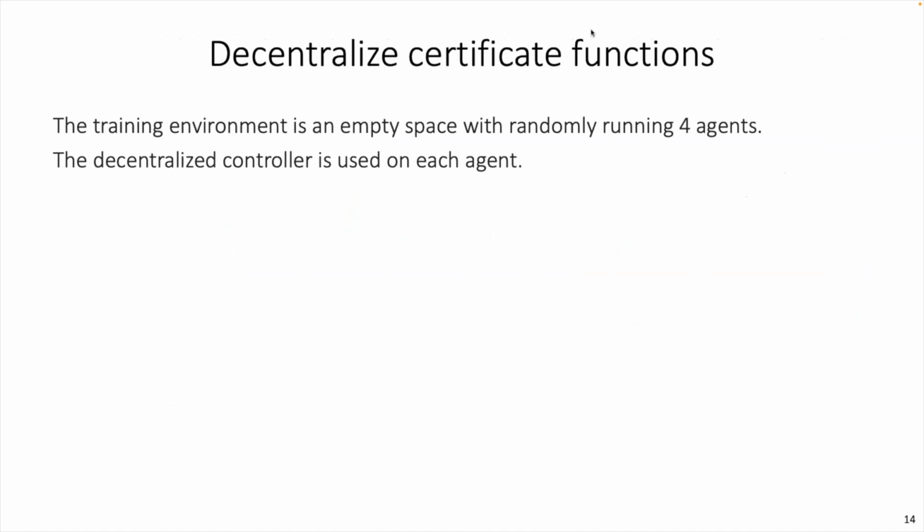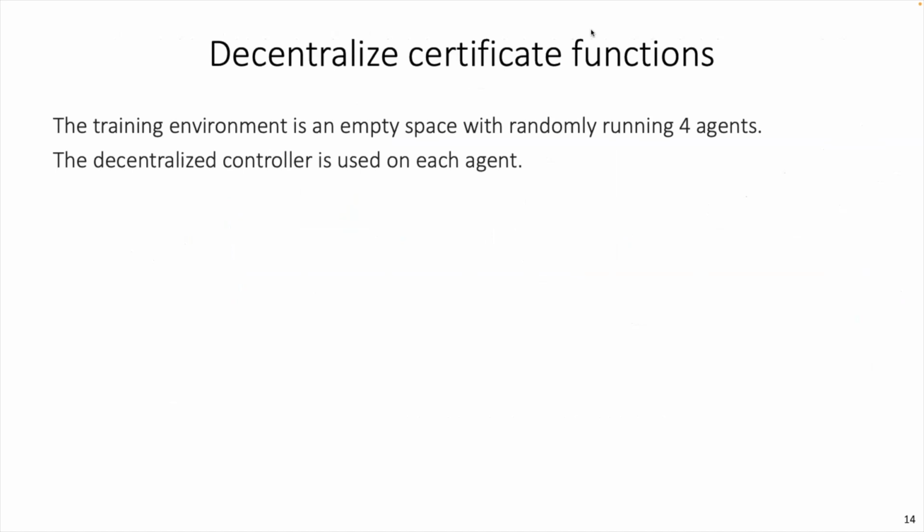So if you still remember the toy example I showed, there are 4 cars trying to follow their own paths. Now we train that decentralized barrier function together with a decentralized controller. The training environment, if you're interested to know how it looks, is just an empty space with all these cars running around.